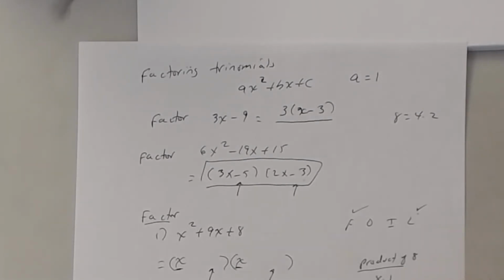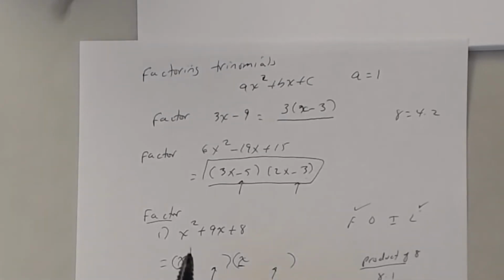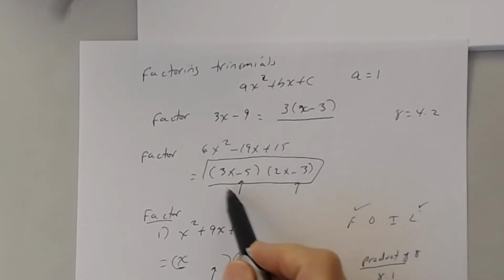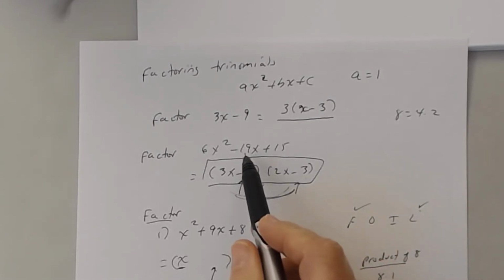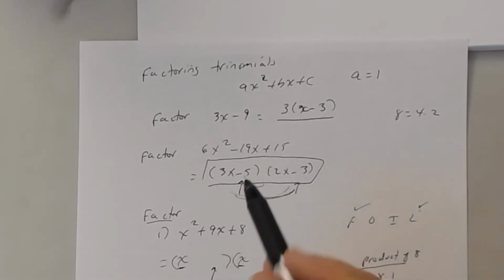Those are the only whole numbers whose product is 8. Now, this is the easy kind. You want the sum. Remember the outer and the inner? The outer and the inner give us the middle term. And what did I do with those outer and inner when I did all those problems a while ago? I added them up. I combined them.